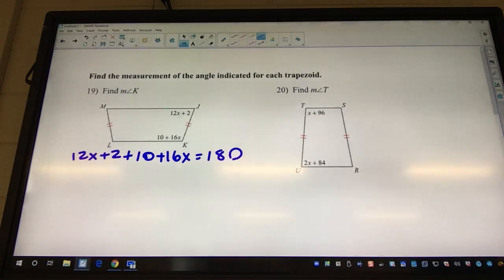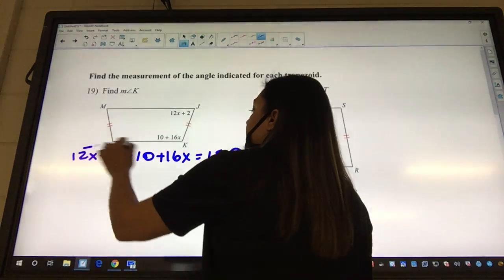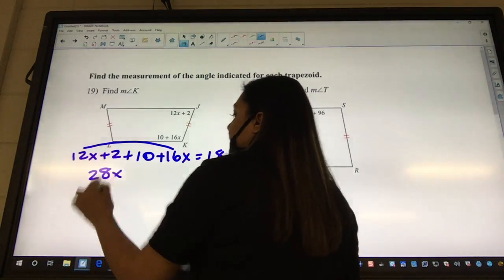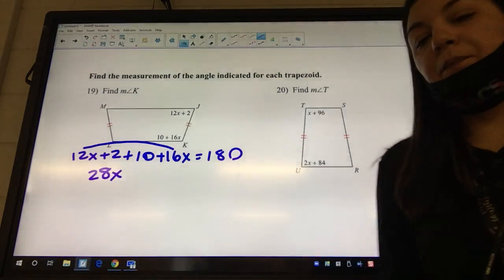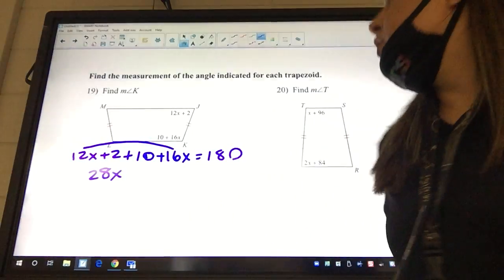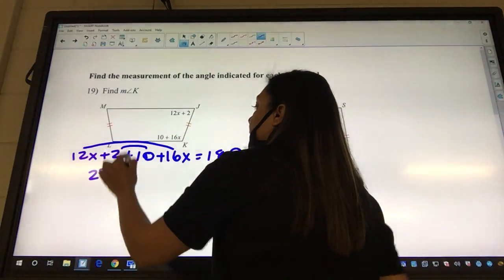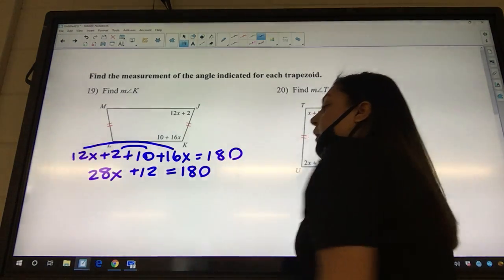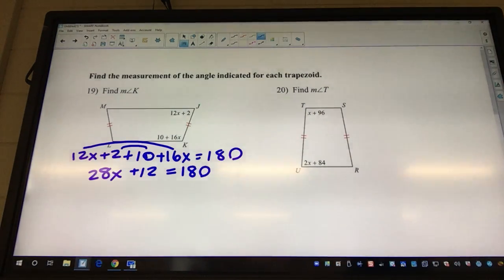Okay, what can we combine? So 12x and 16x is going to give me 28x. What else can we combine? The 2 and 10 to give me 12. Okay, so I got 28x plus 12 equals 180.